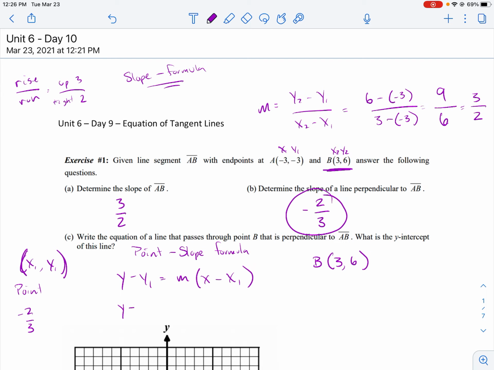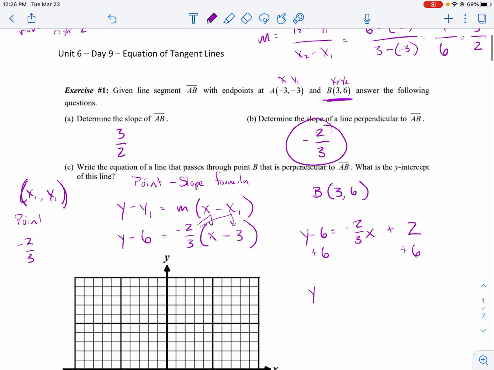So y minus 6 is equal to -2/3 times (x minus 3). Then we distribute the -2/3 in there, so we get y minus 6 equals -2/3 x plus 2. Add 6, so y is equal to -2/3 x plus 8.